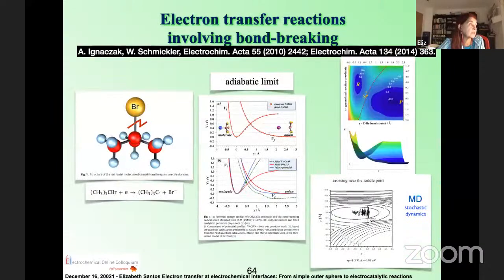And later with Anna Ignatiuk, in the adiabatic limit, they again have these two curves, but she doesn't use this Morse potential anymore. Instead, she calculates this curve for a given system, for example the dissociation of this molecule, with DFT using a Gaussian approach, and then does molecular dynamics with this potential energy curve and obtains the whole base for the reaction.